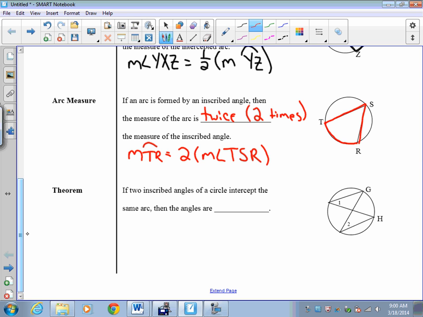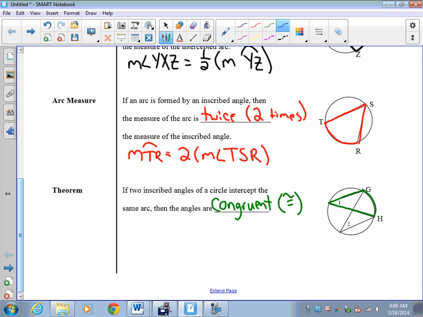The last thing we have is a theorem here. It says if 2 inscribed angles of a circle intercept the same arc, then the angles are congruent. So remember our symbol for congruent was the equal sign with the tilde on top. If we take a look at angle 1, we see that its intercepted arc is arc GH.